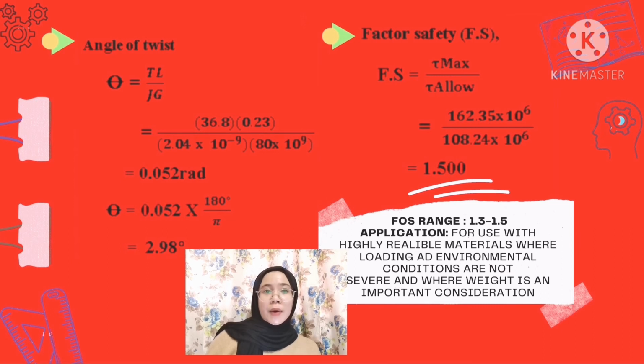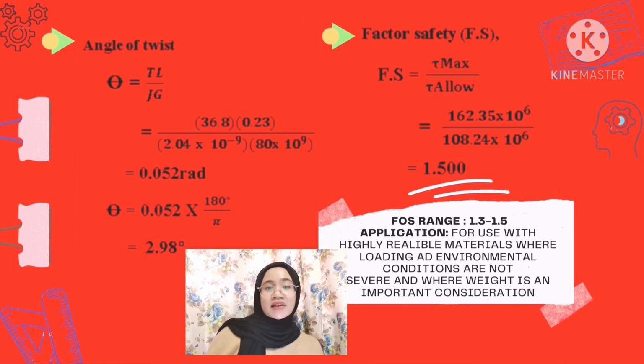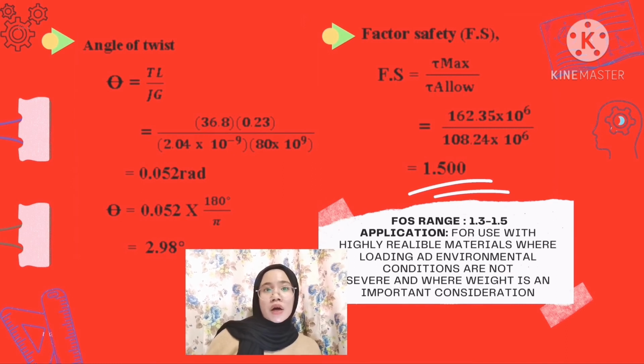And lastly, we find the factor of safety. So the formula is tau max per tau allowed. So 162.35 multiply 10 the power of 6 divide by 108.24 multiply 10 the power of 6, and then we get 1.500.